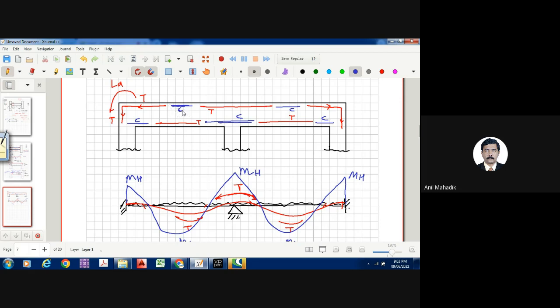The compression is taken by the concrete available over here. So even though I am drawing this line, generally this steel is nominal steel and there is a concrete which is taking the compression. So here a concrete layer takes our compression force. Got it?